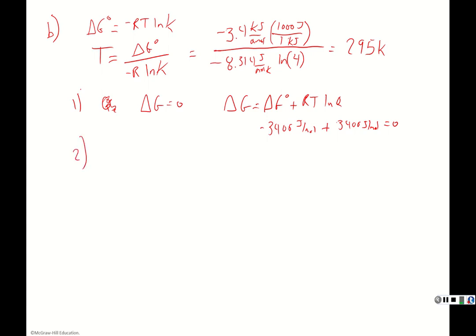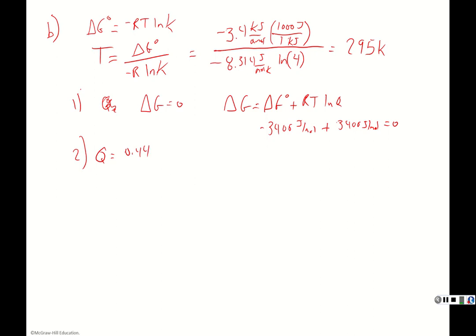So for scene 2, this is more important. If you actually calculate the Q for this, that would just be the concentration of products over reactants. The Q is going to be 0.44.